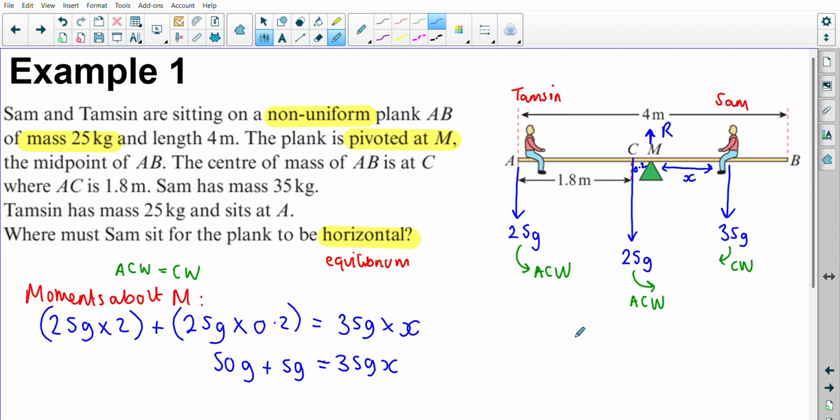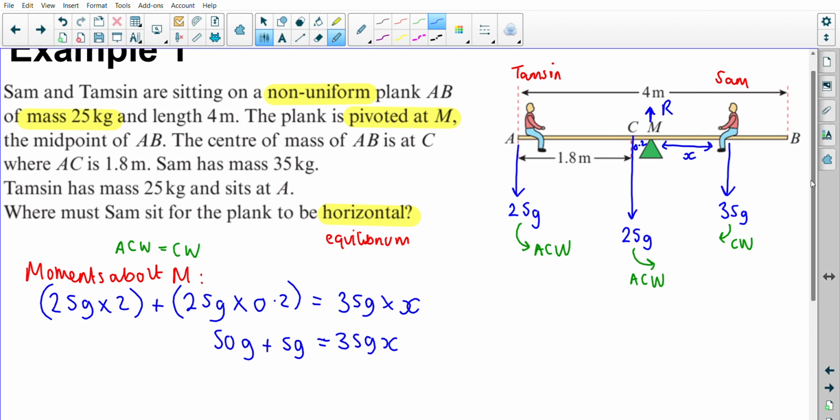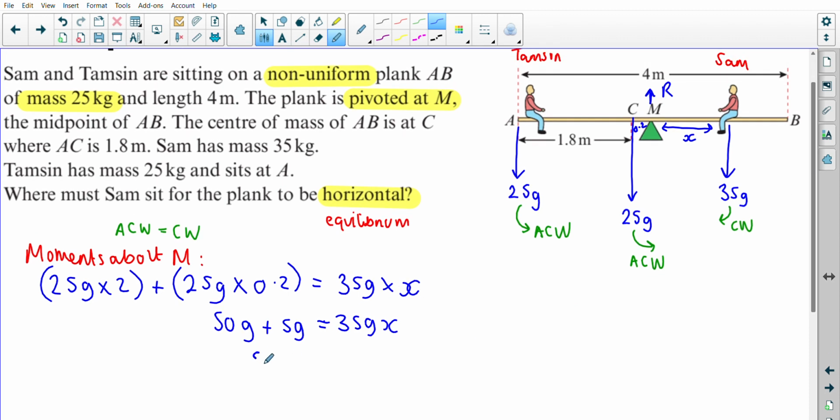I could add the 50g and the 5g together, and then I could divide by 35g.